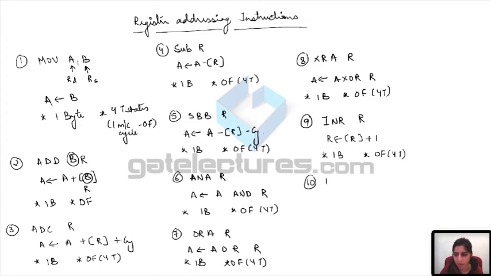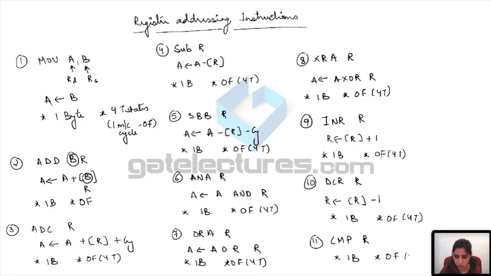Similar to INR, we have an instruction DCR, which is going to decrease the contents of this register by 1, also 4 T states. And another instruction that we have is CMP R. Operation of CMP is the same. It's just going to compare the data of the given register with the accumulator, and based on zero flag and carry flag you can judge. Fine.